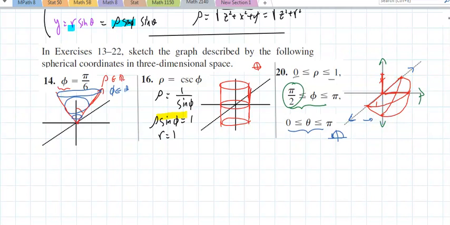Think of a sphere. Think of an orange, and you chop it halfway there and halfway there. And this right here is the quarter corresponding to that if you are seeing an actual sphere.